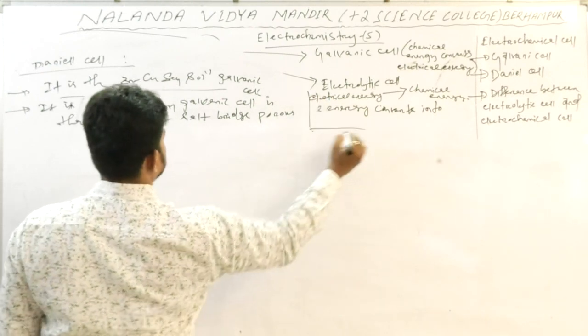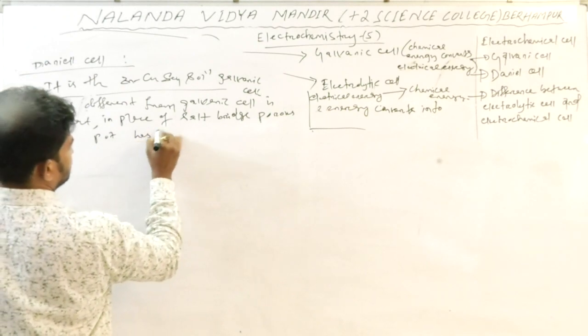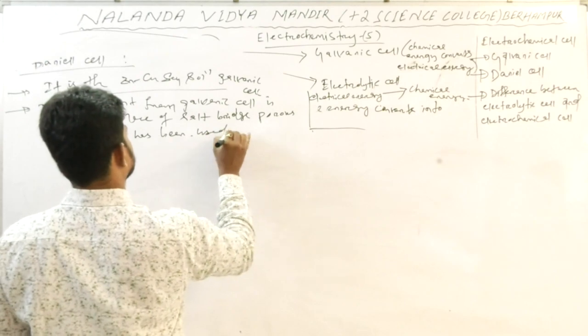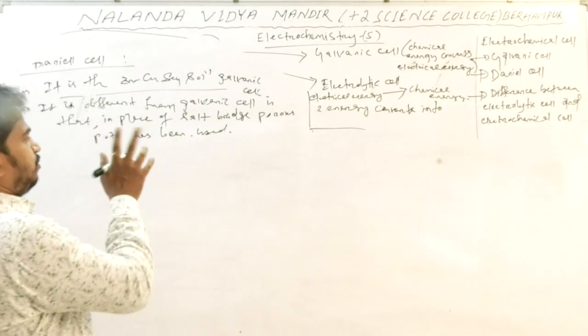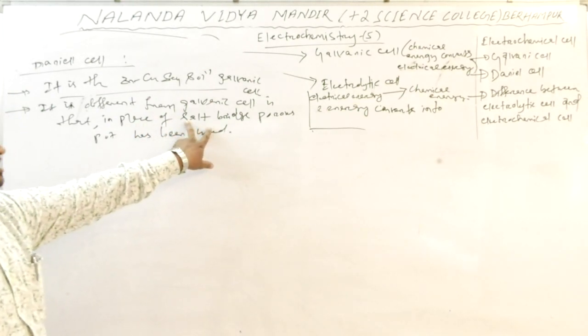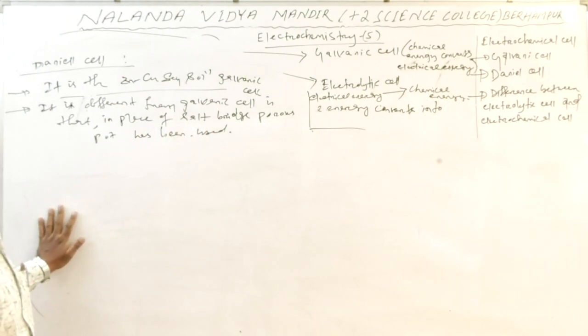The role of the porous pot is the same as that of the salt bridge. The role is the same, but the structural modification is there somehow.